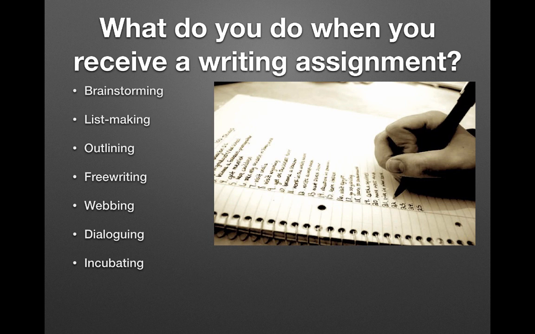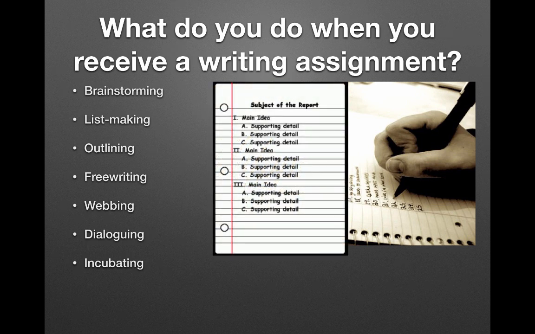So list making, in this example that I have here, we see a numbered list. It doesn't need to be numbered. But most of us try to engage in some of this process, and it certainly helps to get our writerly juices flowing, to try to capture some ideas on paper and take it from there. You can build from that.